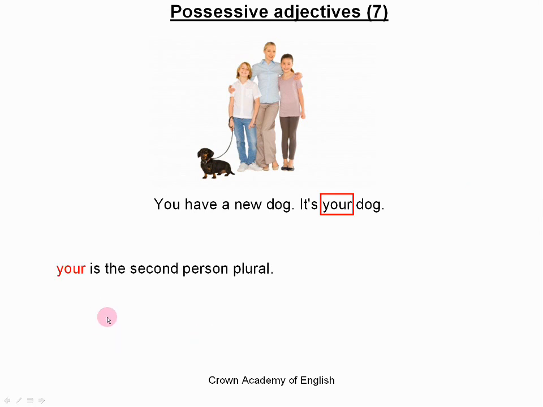Your, in this context, is the second person plural because there are several people. We are talking to several people. You own the dog. It is your dog.